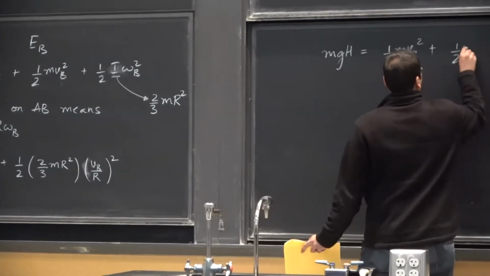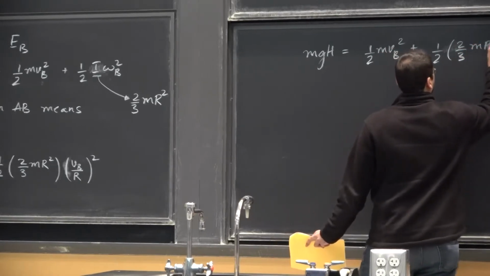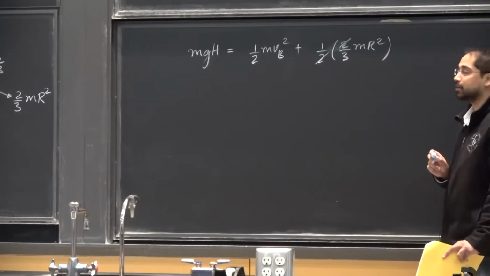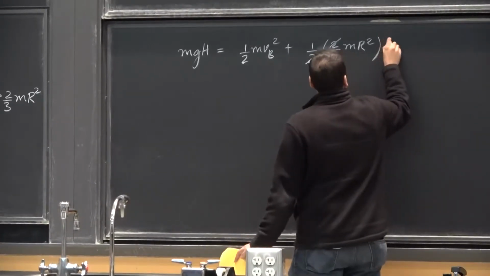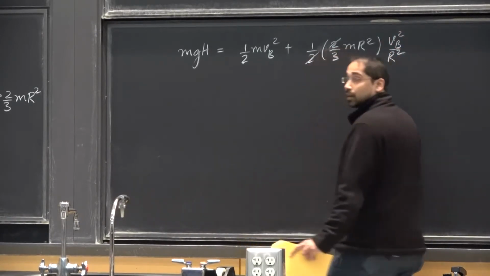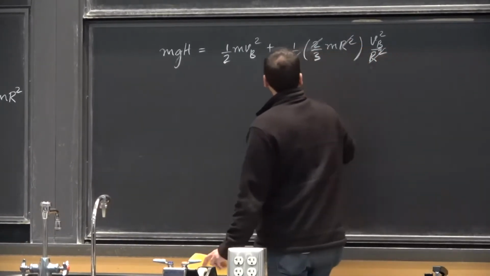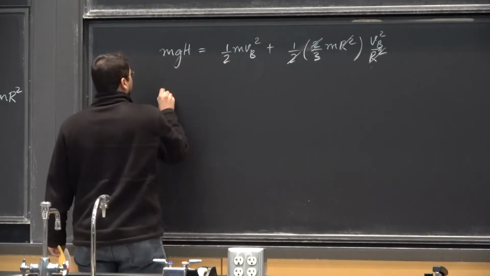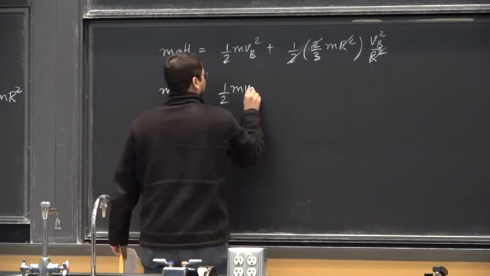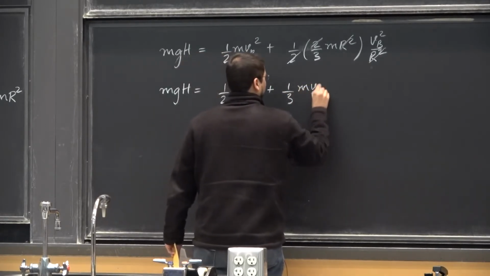So I have half times 2/3 mr squared. The 2's go away, right? Dividing and multiplying with the 2 at the same time, and this becomes VB squared over R squared. Again, I'm multiplying and dividing with R squared in the same term, so I can get rid of these. So all in all, I'm left with mgh is 1/2 mvb squared plus 1/3 mvb squared.